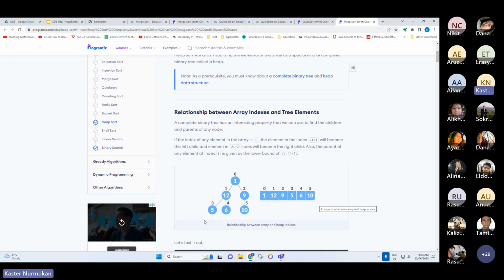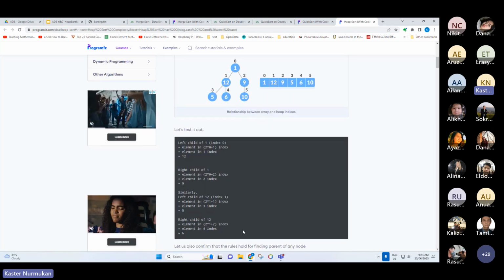Then the tree can be converted to a linear data structure, and you can understand it more easily. That's convertible, but we will just visualize it from the conceptual perspective.